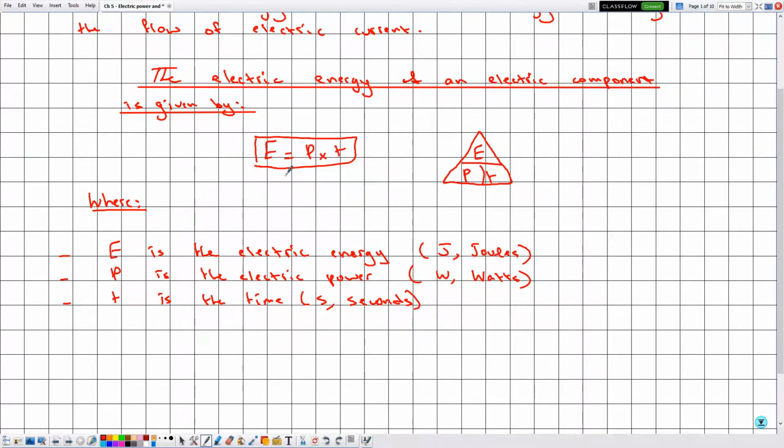So we say that E and P are directly proportional to the power.